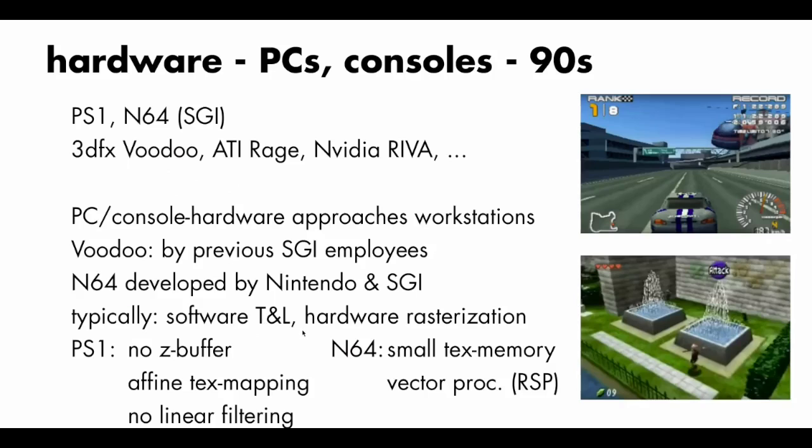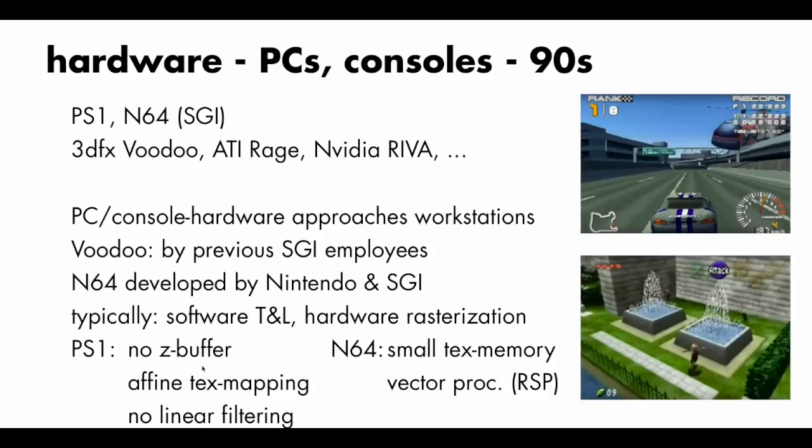Again, this is consumer style hardware. But the rasterization was accelerated by the hardware, which makes sense. You always want to optimize your tight loops, the things that you run often, and obviously you have a lot more pixels on screen than vertices, so that's the thing you want to optimize for.